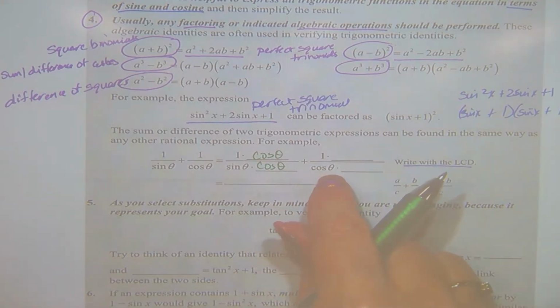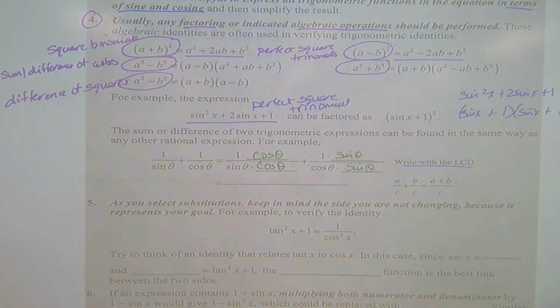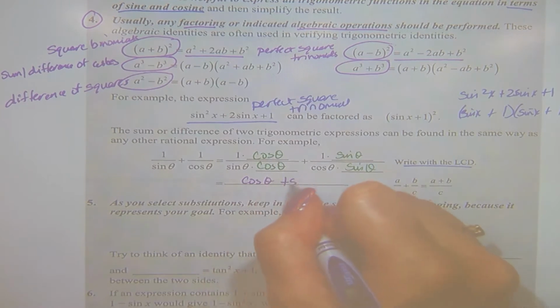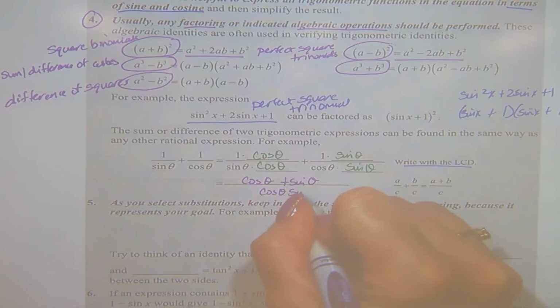And for this expression, I need to multiply in the sine theta. So I can multiply anything times 1. 1 is just something over itself. And what I get from that is cosine theta plus sine theta as my numerator and a common denominator of cosine theta sine theta.